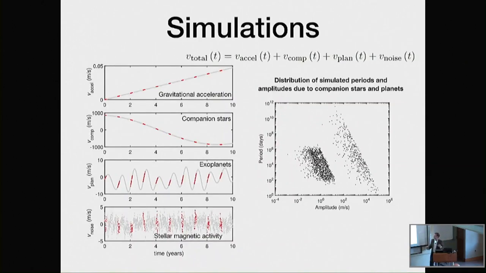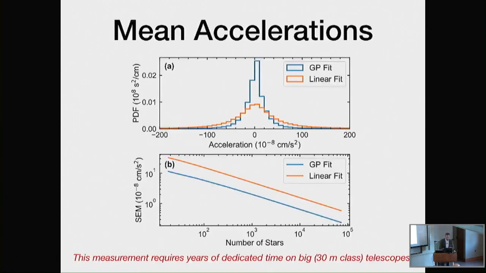For purposes of that paper, we said, okay, we have all these effects. We have the gravitational acceleration acting on stars. Most stars are in binary systems, so we include the possibility that there are binaries in these simulations. Most stars have planets orbiting them, so we include those. And this horrible activity, we include that too. And so we do a simulation and look to see what we get.